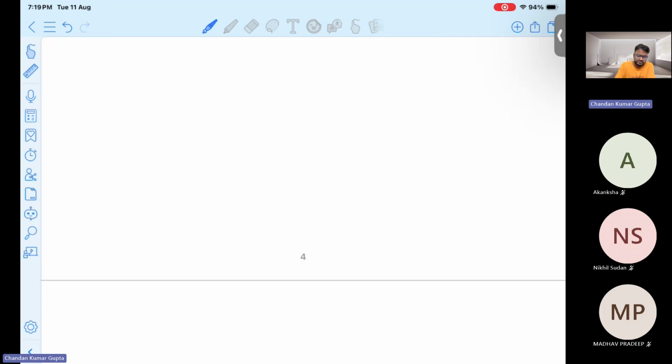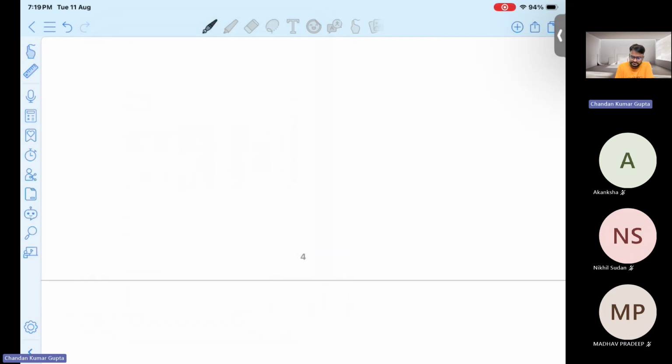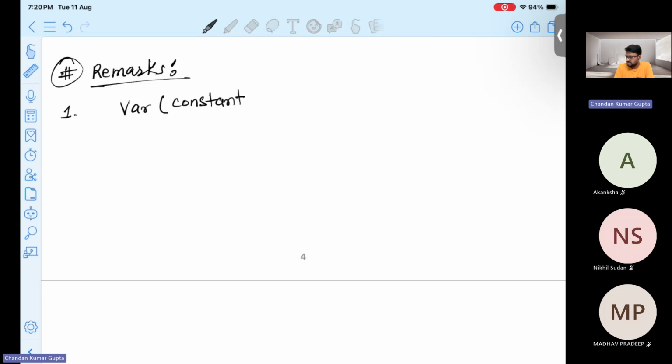Now we will have some remarks. Like in the expectation case, the expected value of any constant is the constant itself.